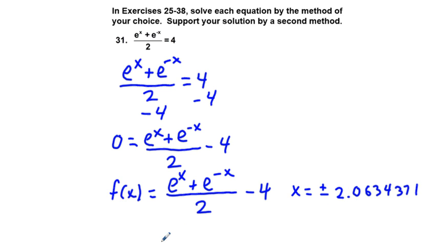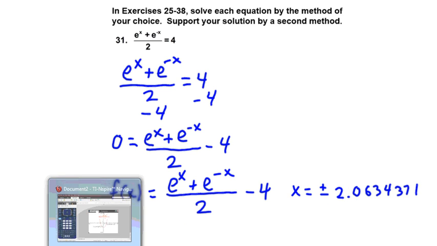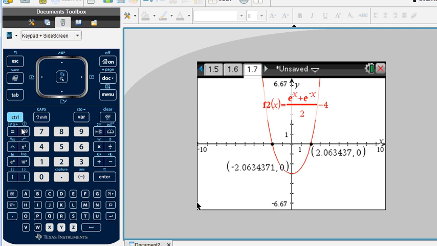Okay. We're going to go and check this solution by another method.